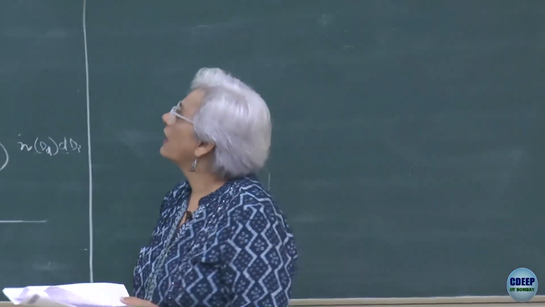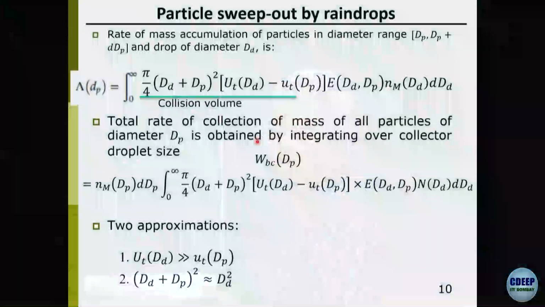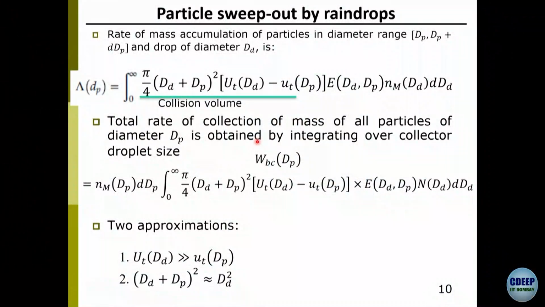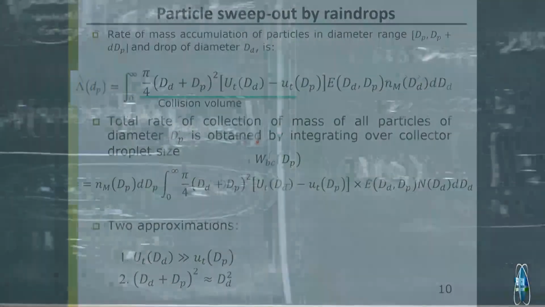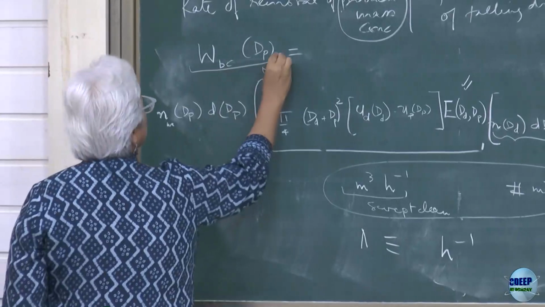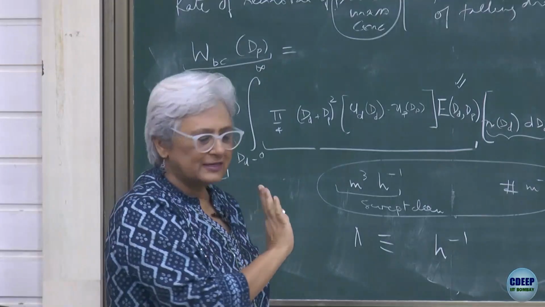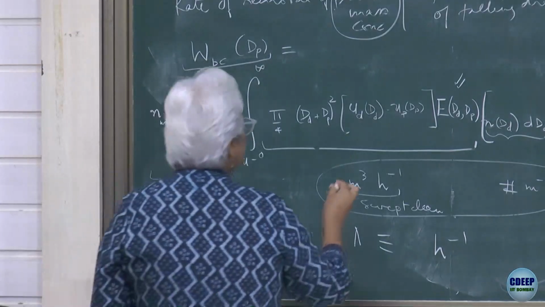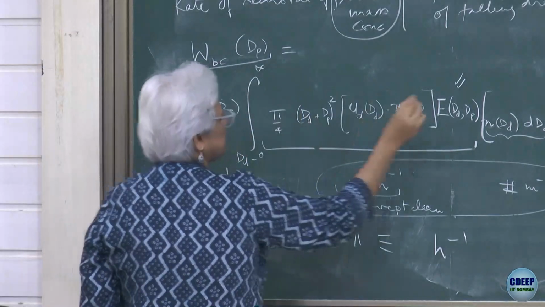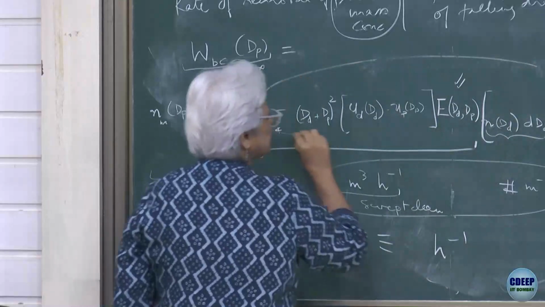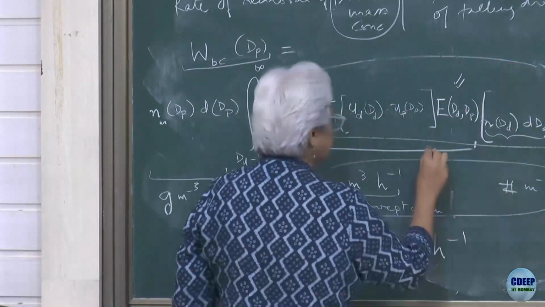So that lambda is different from this lambda, right? This is a removal rate of particles, right? And this whole thing is the lambda.